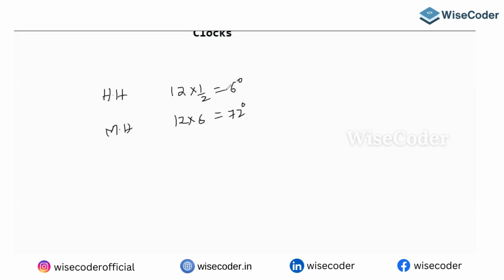What is the angle between the hands of a clock when it shows 40 minutes past 6? Okay, 40 minutes past 6.